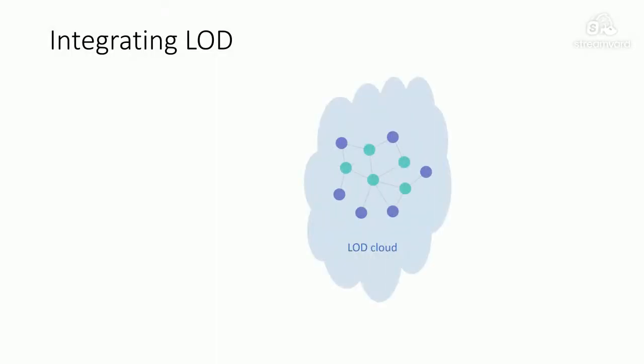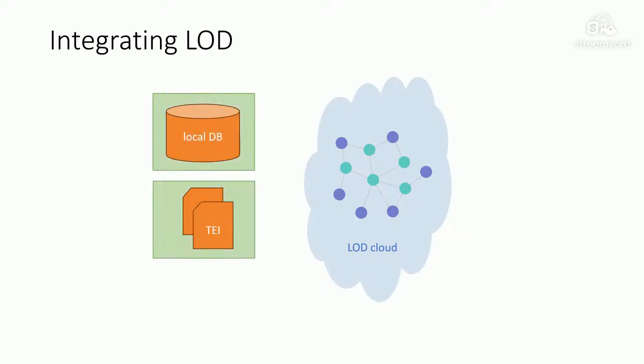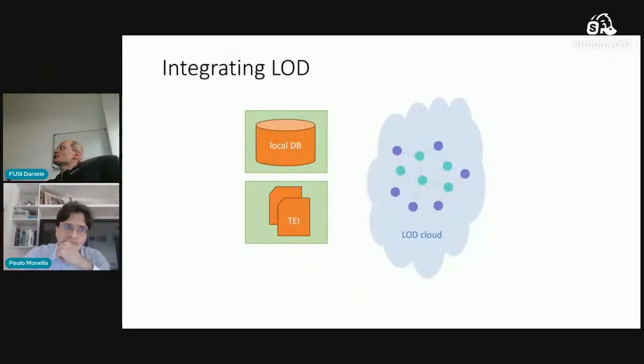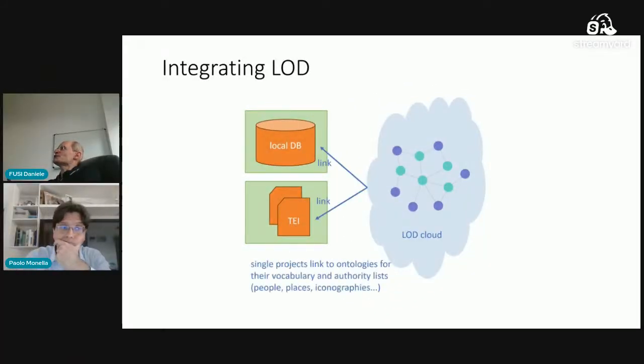So we start, for instance, from our own local data in a database or in a set of TEI documents when it's text. And typically, these projects link to LOD ontologies for their vocabulary and authority lists. Universal identifiers ensure that we can link them to existing data, whatever their names. For instance, when a text mentions a person or a place by name, we can link it to the corresponding URI in Wikimedia or in a geographical gazetteer like Pleiades.